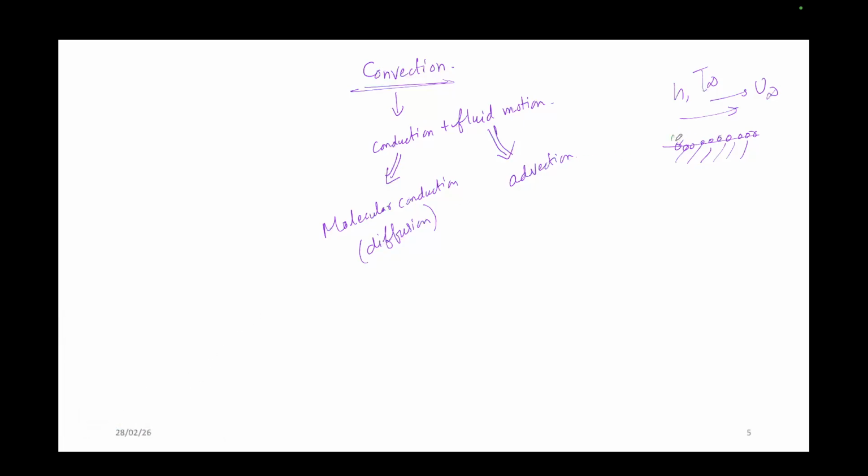This is the new particle, it will come, and again because of conduction it will take up this heat and it will flow away and a new particle is again coming. So this is how this fluid motion helps the surface to cool. This process continues until the liquid gets a certain amount of heat. Okay, so this is the fundamental concept of your convection.